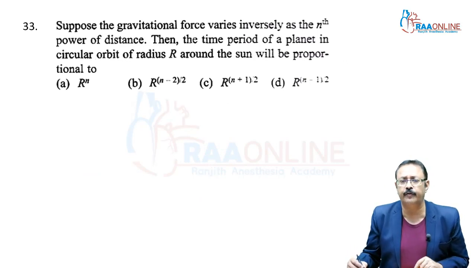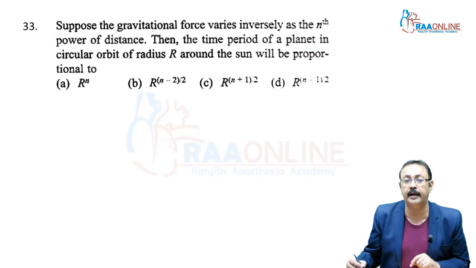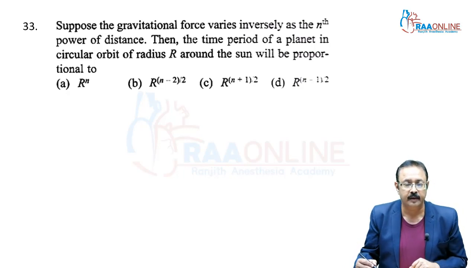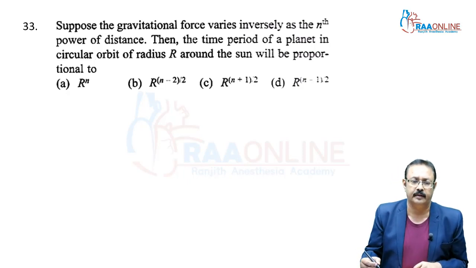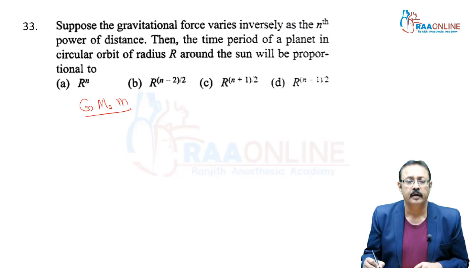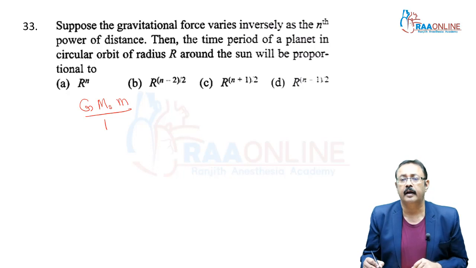Suppose the gravitational force varies inversely as the nth power of distance. Then the time period of a planet circling in orbit of radius r around the sun. Gravitational attraction now will become G, mass of sun m1, mass of planet m2, upon, in place of r square, we will take r raised to the power n.